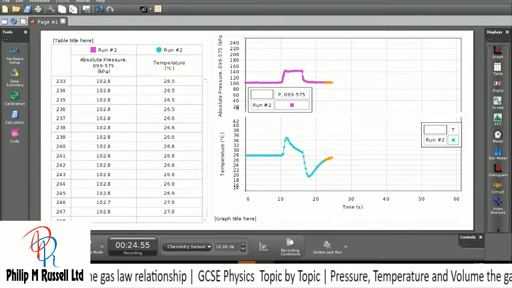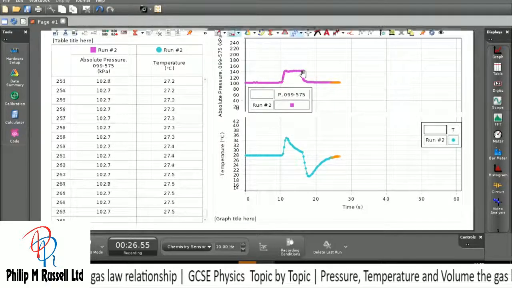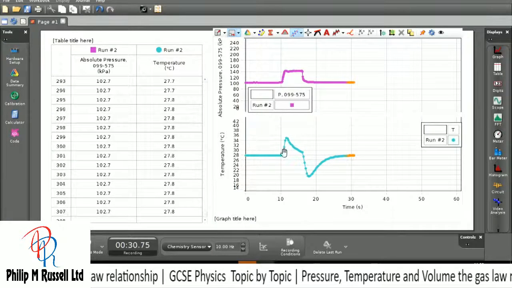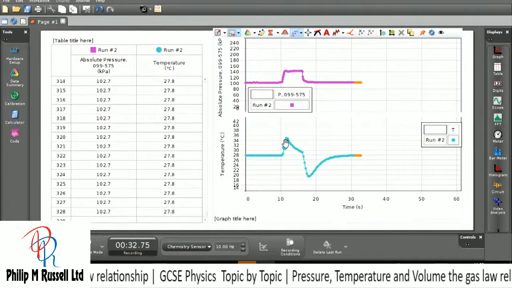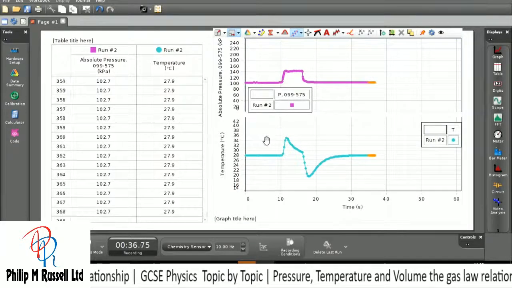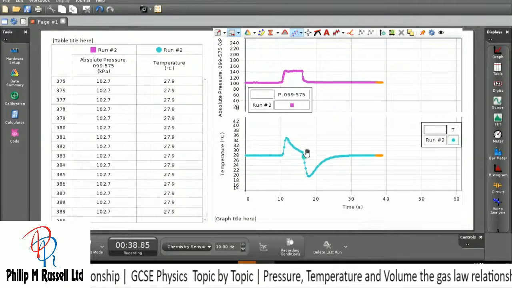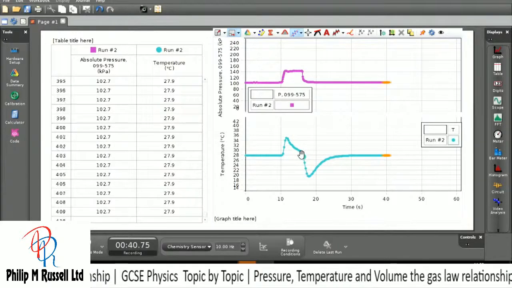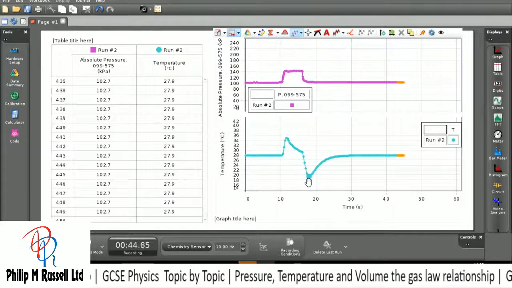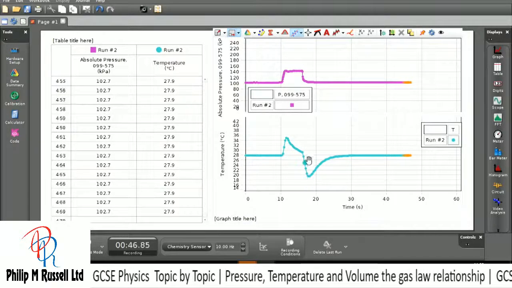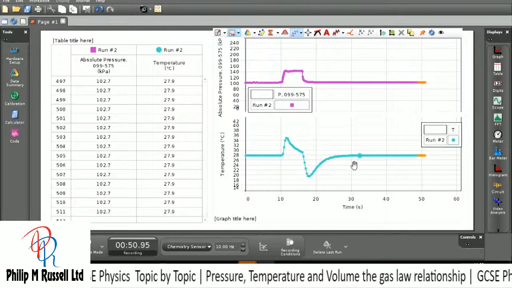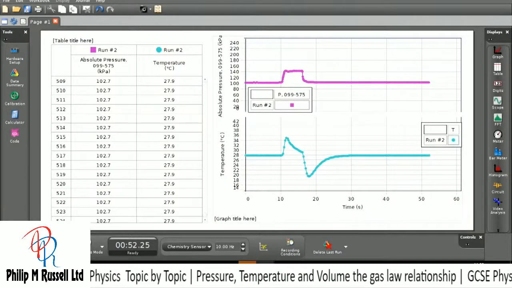Looking at the volume change, we also got a temperature change. Not as much as before, only up to here I can see about 35, and we allowed it to return nearly to normal before I put it back and the temperature dropped before returning back to normal.